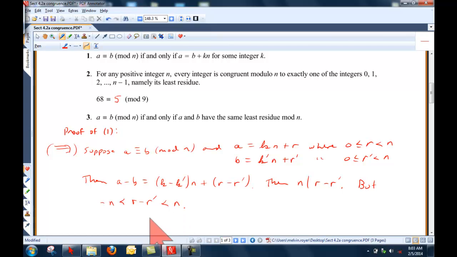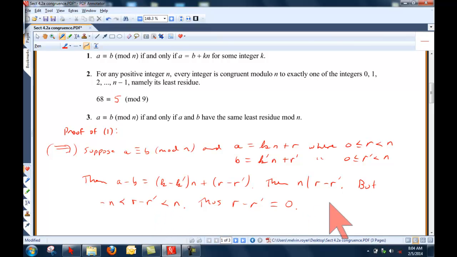All right. So now I have that n divides this difference, but also that this difference is less than n and greater than minus n. There's only one way that that can happen. Thus, r minus r prime has to be equal to 0, which of course is divisible by n, and it's the only integer in this range that is divisible by n.